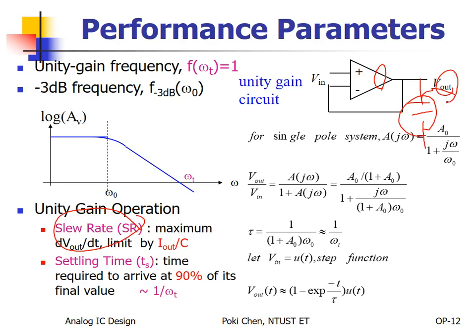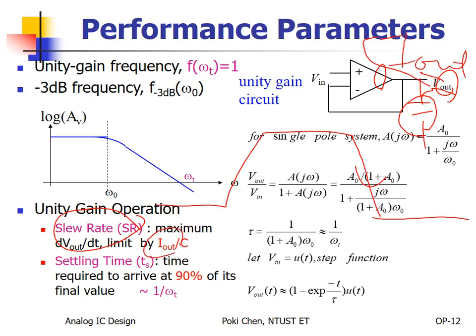Both have such parasitic capacitance. And then to charge it or to discharge it, you need I out. The output current of your final stage dominates the slew rate.